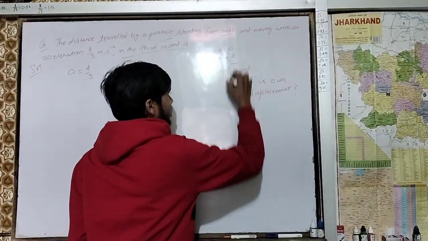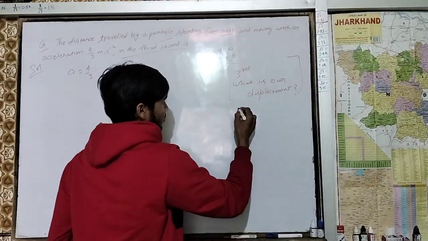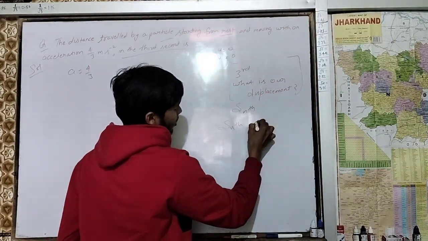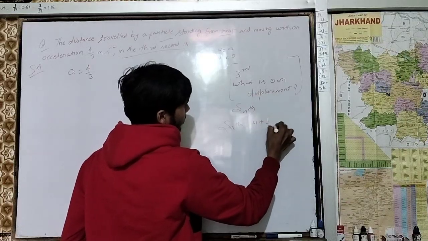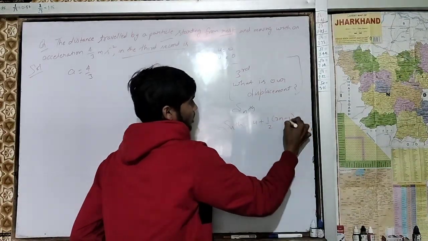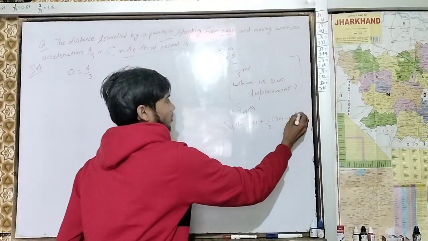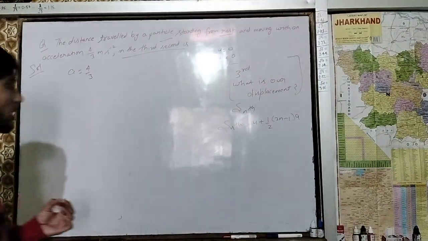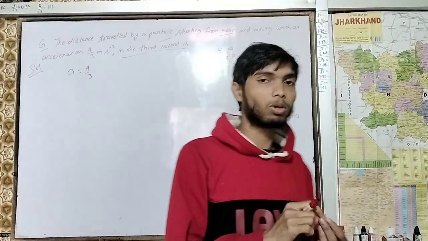When it comes to the nth second, of course we use the formula S_nth is equal to u plus half, 2n minus 1, a. This is the S_nth formula. We use it to calculate the displacement in 1 second.